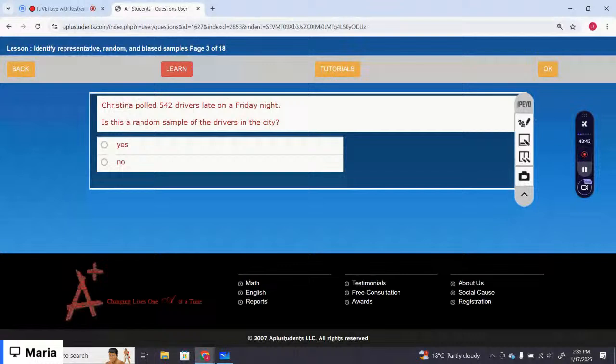Christina polled 542 drivers late on a Friday night. Is this a random sample? No, that is not random. That would be the biased sample.